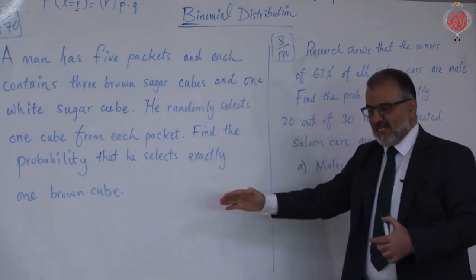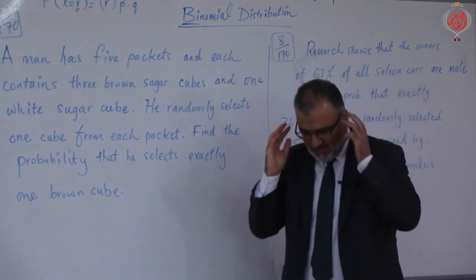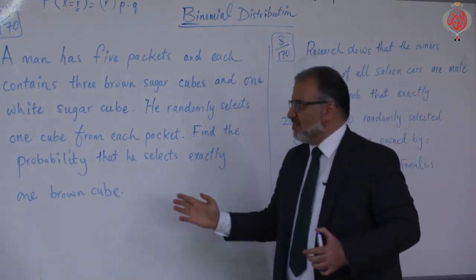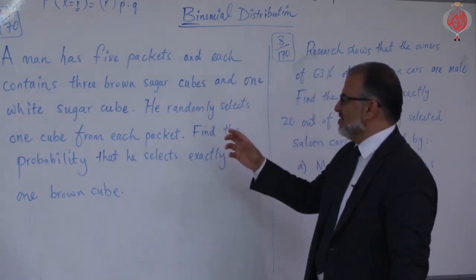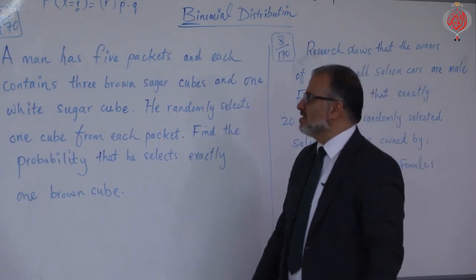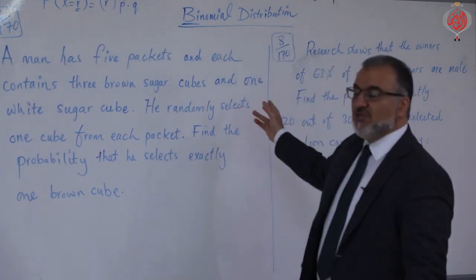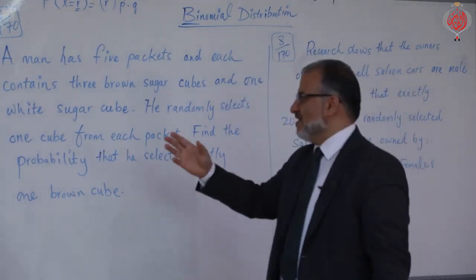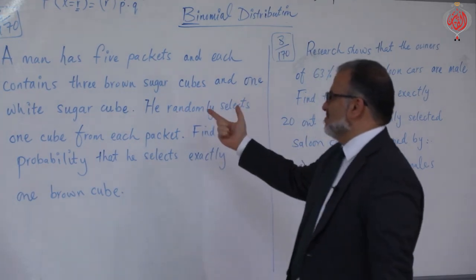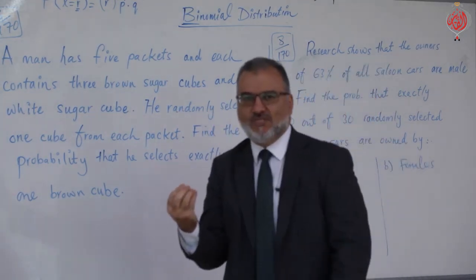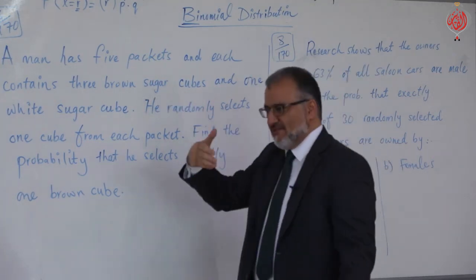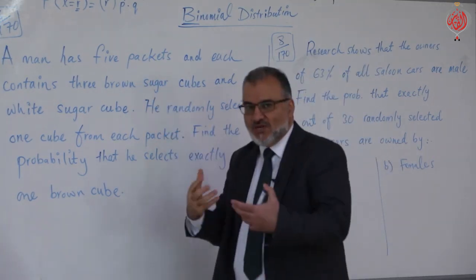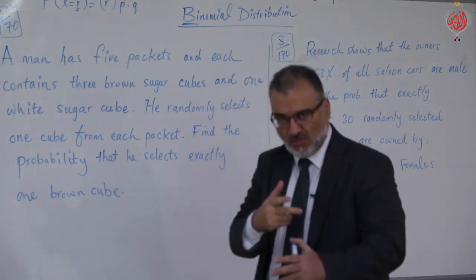Now, after reading that question, how could we organize our thinking to solve it? Once we read this question, we find that we are dealing with discrete random variables. We have sugar cubes, and we are using countable numbers, so the random variable here is discrete, not continuous.